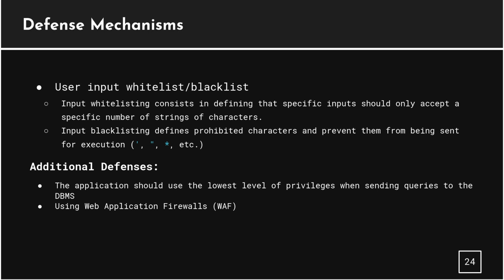We also have additional defenses that are quite important. First, the application should use the lowest level of privileges when sending queries to the database management system. We can illustrate that with an example.